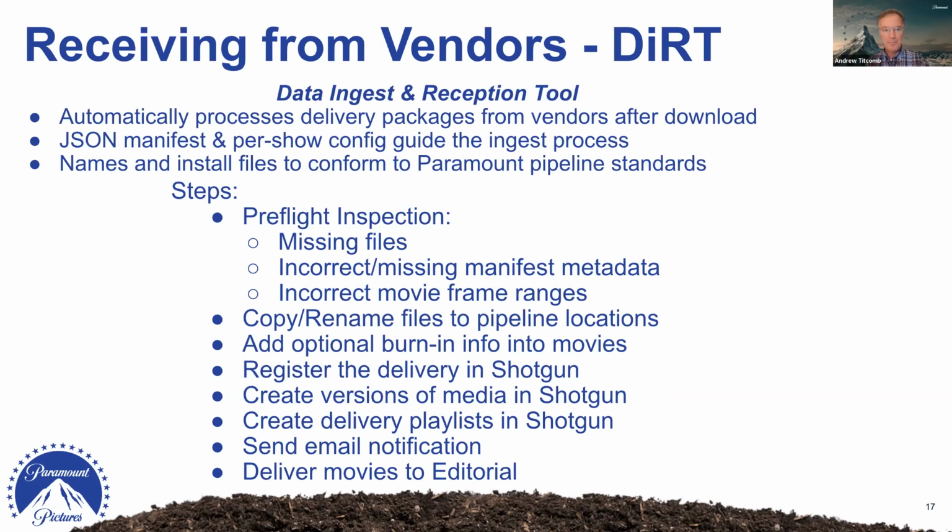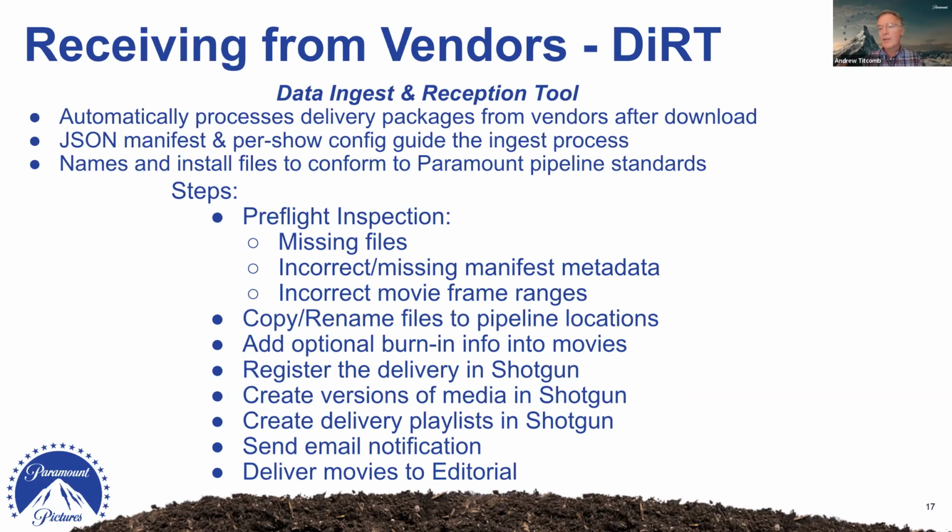The steps that it goes through when it gets run start with a pre-flight inspection. We want to make sure that the files coming in and the data coming in are all good before we actually bring it into our pipeline. The pre-flight inspection looks for missing files, incorrect and missing manifest metadata, incorrect movie frame ranges.